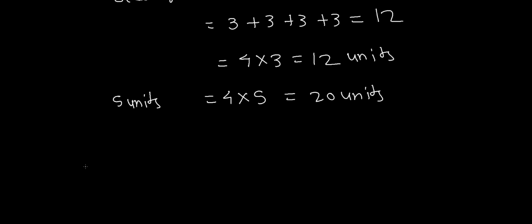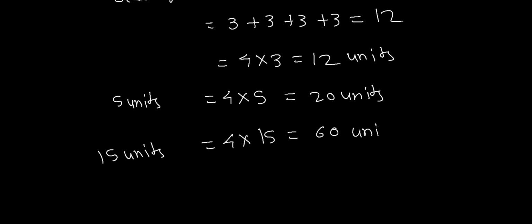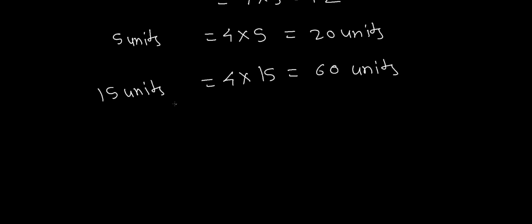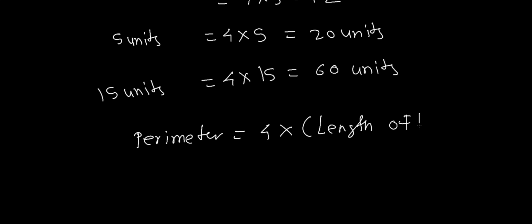Likewise, let's say the length of a side of a square is 15 units, then 4 into 15 gives you 60 units. So as we can observe over here, we can trace out the formula as perimeter equals 4 into length of the side.